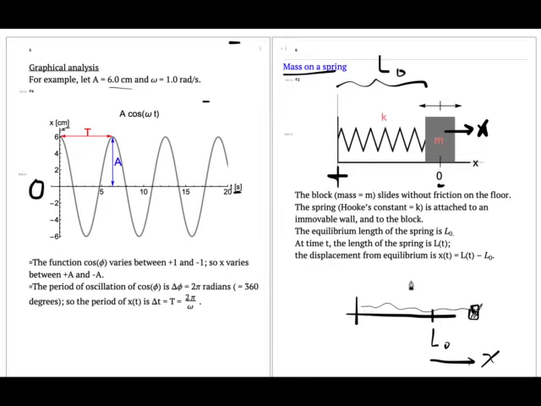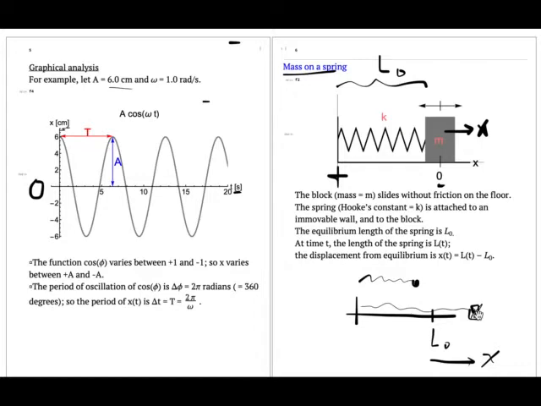I could have the block over here, and then the length of the spring would be less than the equilibrium length. In other words, the spring would be compressed. And if you compress a spring, it pushes back in the other direction.